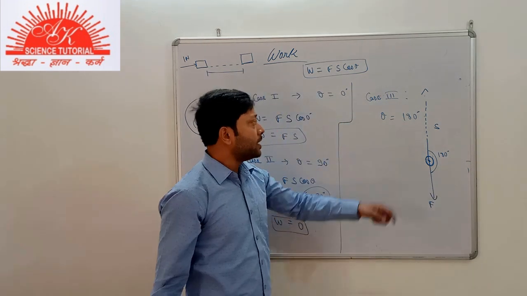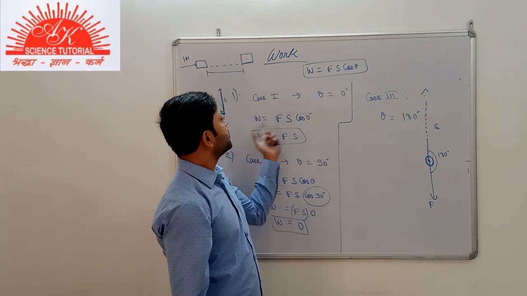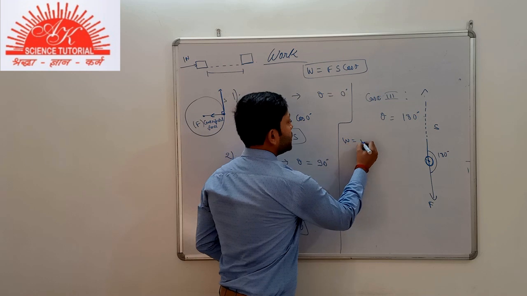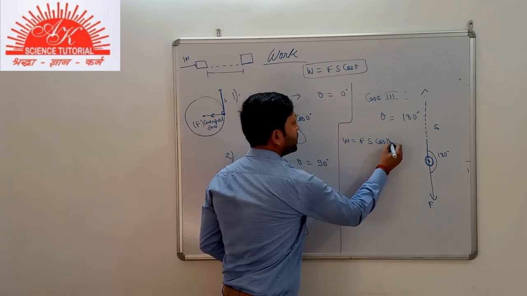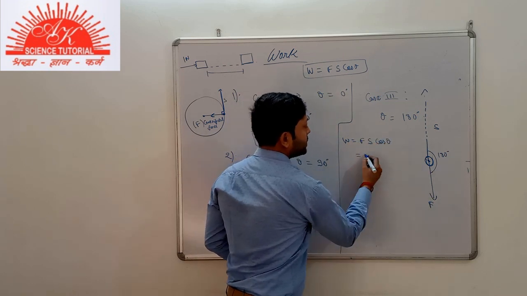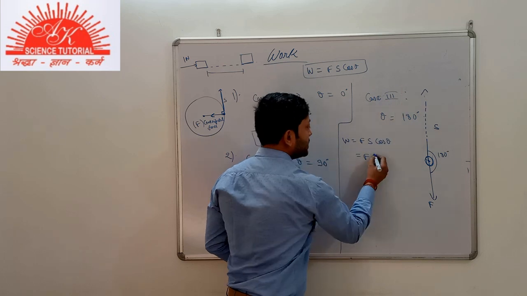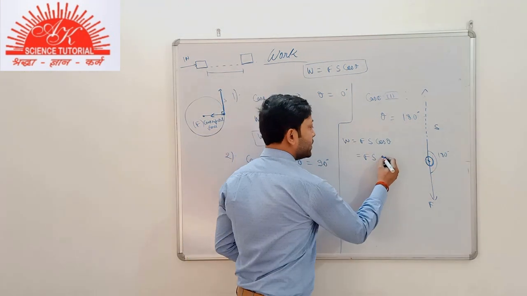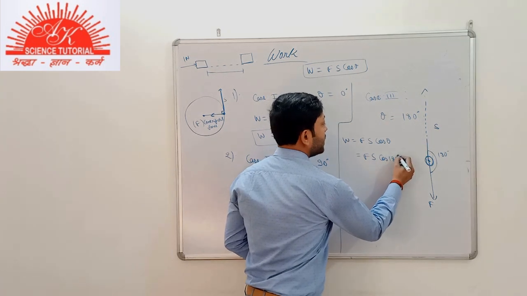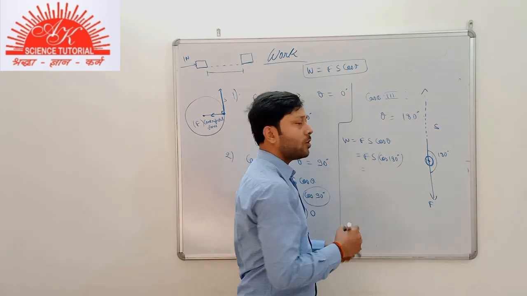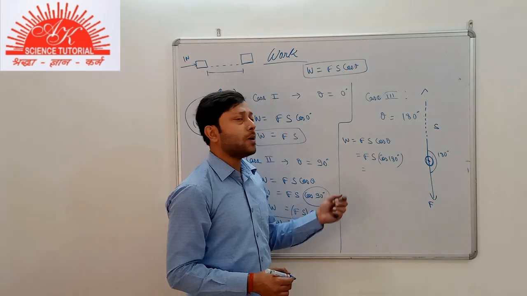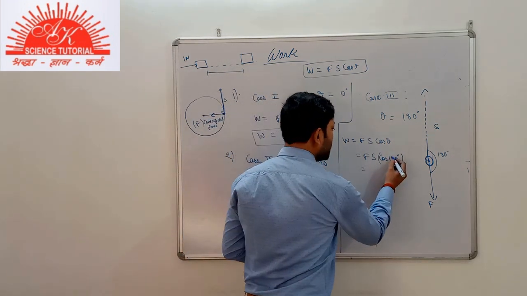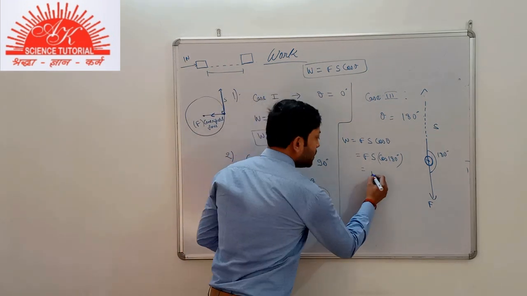So in this condition also, using the expression W equals Fs cos theta, F is the magnitude of force, s is the displacement of the ball, and the angle theta here is 180 degrees. Cos 180 degrees is -1. You will get to know about it in mathematics.